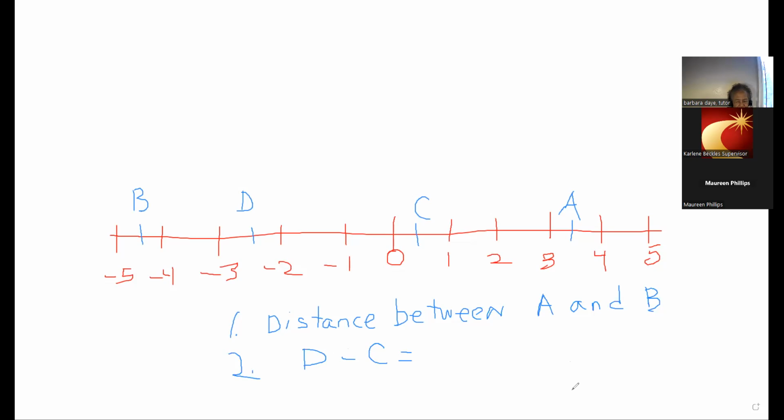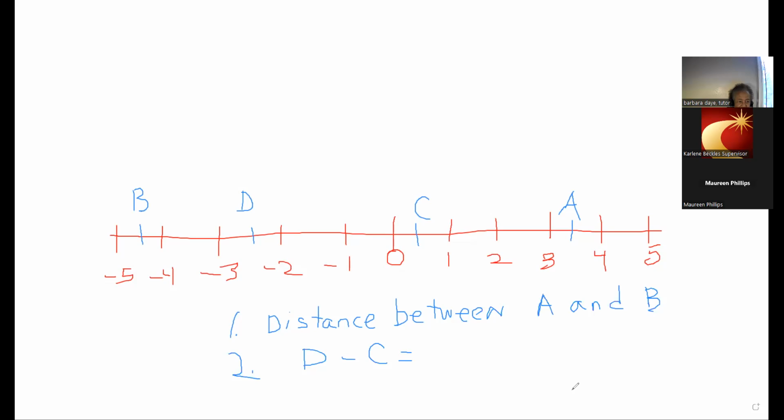Or use your actual calculations between A and B. Tell me your distance.